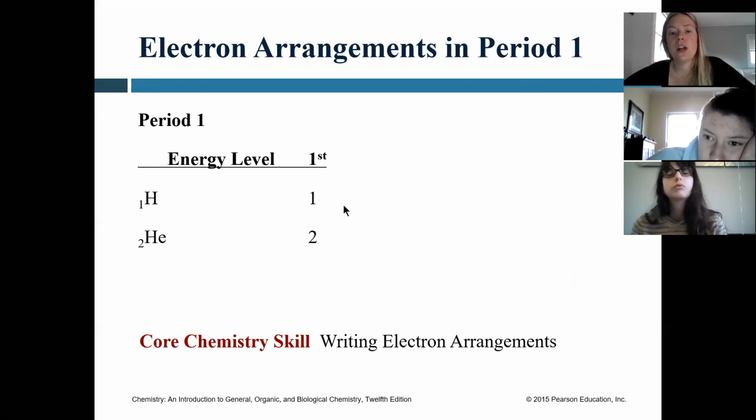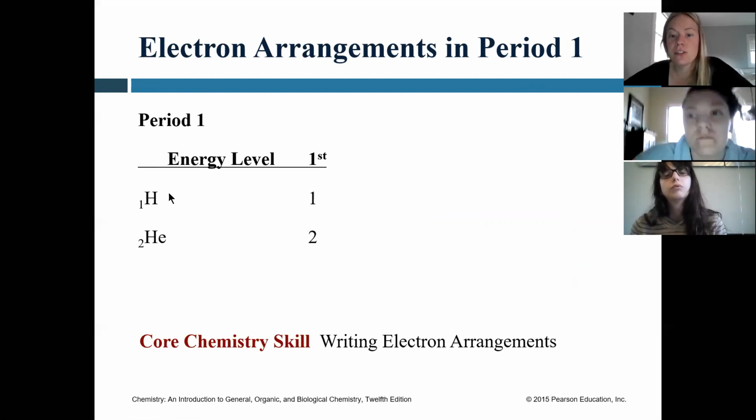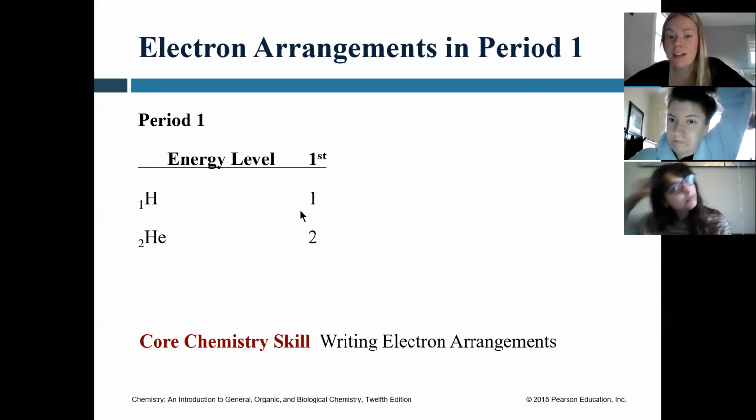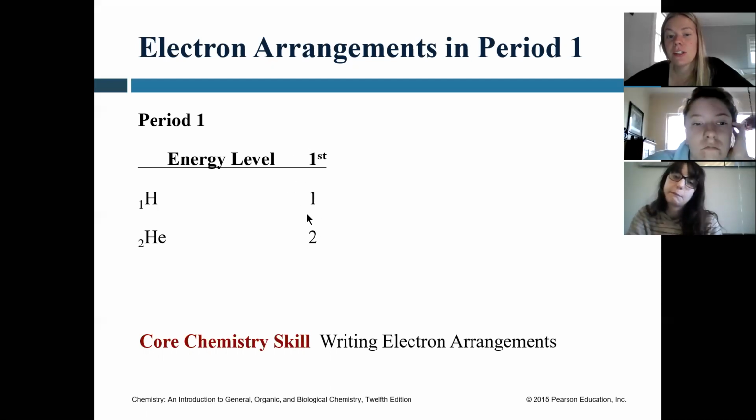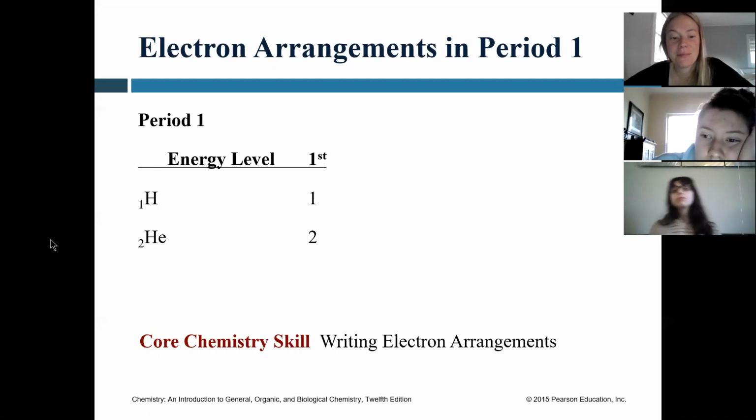Your electron arrangement for hydrogen, you have 1 proton, so you have 1 electron. So in the first energy level, you have 1 electron. Helium, you have 2. The first energy level can only hold 2 electrons.